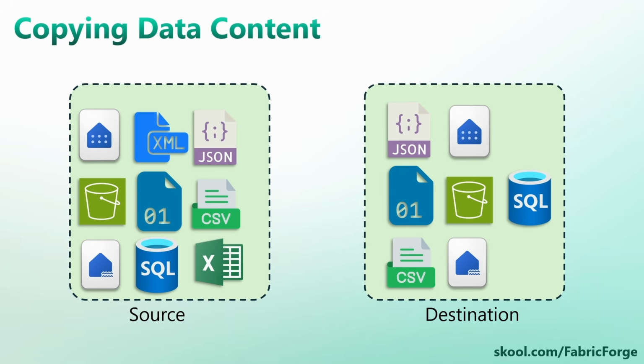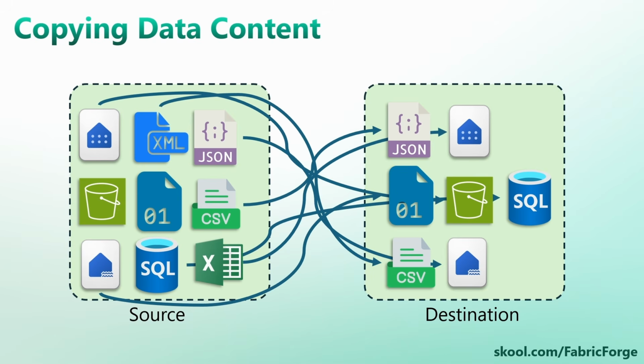As you can probably guess, copy data can transform the data format when copying data. For example, copy data from an on-premises SQL Server database table to a Delta table in a Fabric Lakehouse or vice versa. Basically, you are able to mix and match these sources and destinations however you like and as needed for your use case.